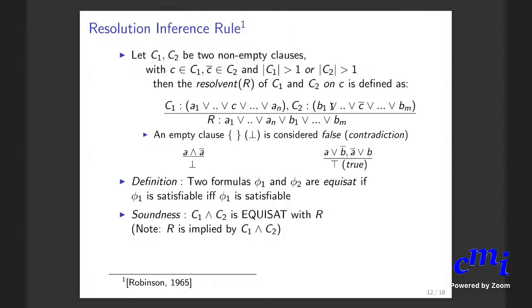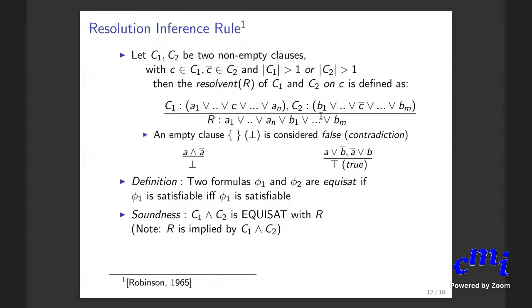Anyone? Suppose anything other than C is true. So you have to satisfy both the clauses. If you choose to satisfy C1, this clause can be satisfied by picking any of the AIs.